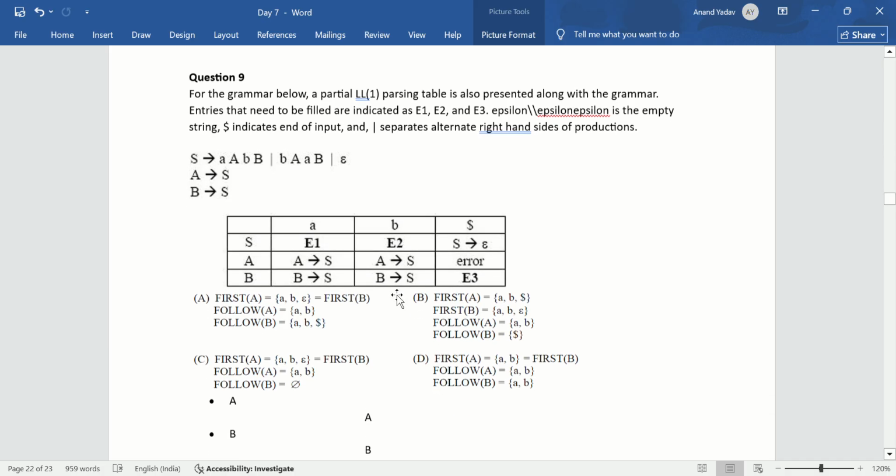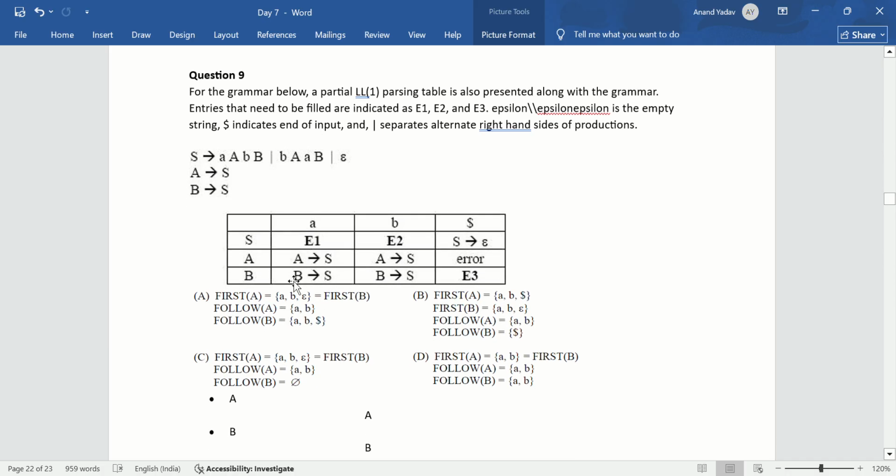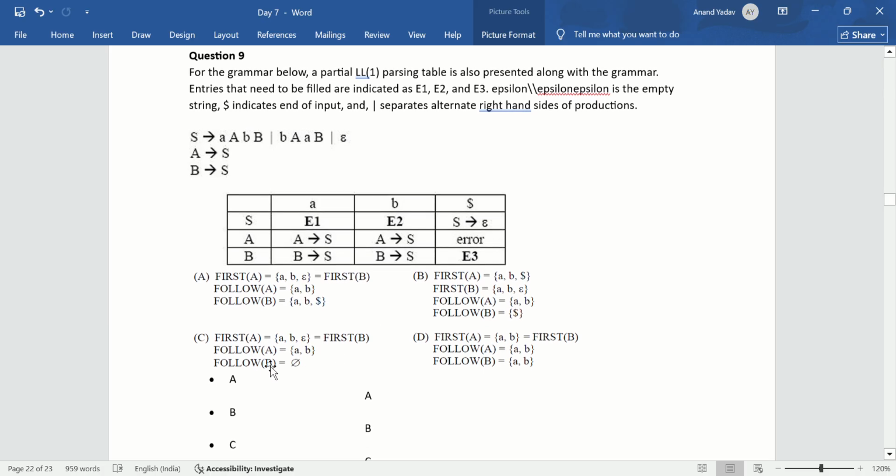So this production is placed here. So after placing this production, we will calculate first of A and then follow of A and follow of B. So first of A is A, B, epsilon and follow of A is B and A. So A, B, and follow of B is, follow of S is dollar.